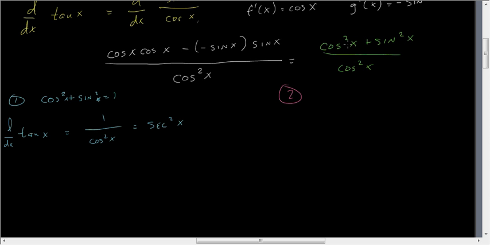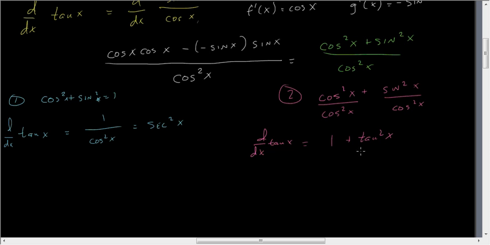So you have cosine squared x over cosine squared x plus sine squared x over cosine squared x. All right, this is 1, and so this equals 1 plus tangent squared x. So the derivative of tangent x is 1 plus tangent squared x.